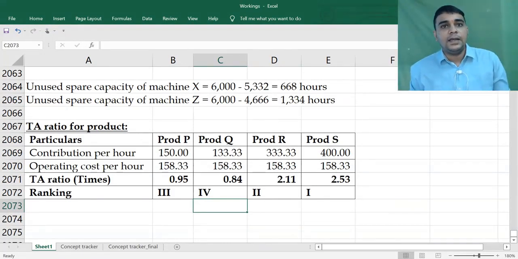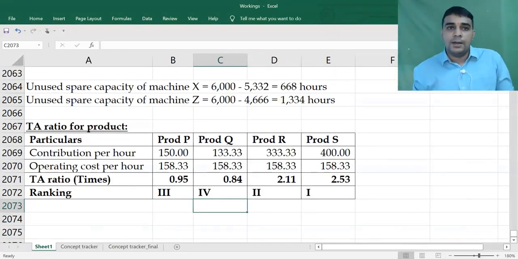If fixed cost can be reduced, fine. Unfortunately, fixed cost by nature may not come down, and if it does not come down by reducing capacity, your operating cost per hour from 158 will go up because your denominator comes down and your cost is not coming down in the same proportion.